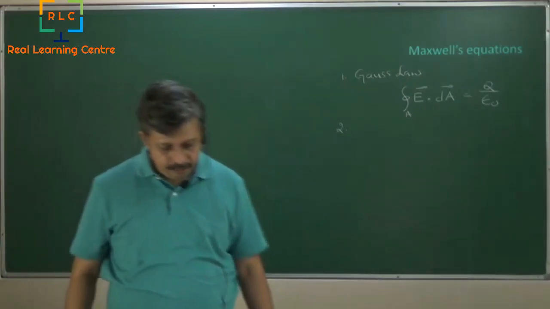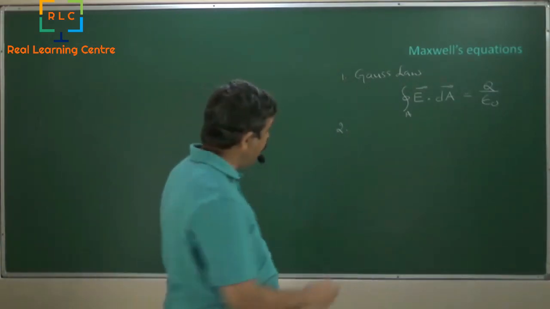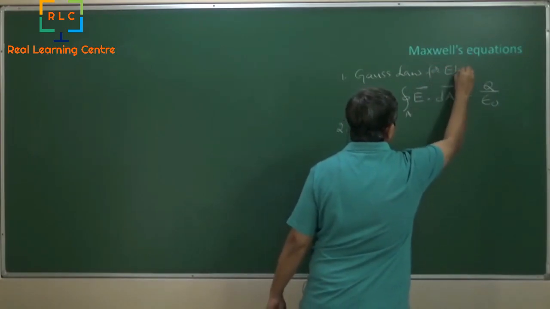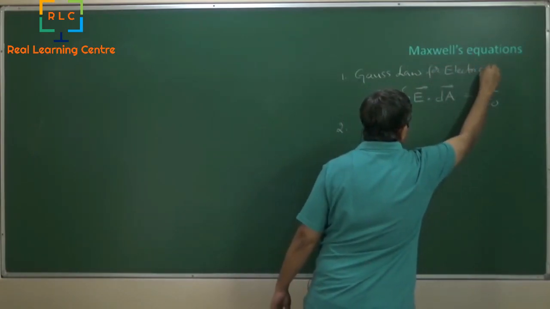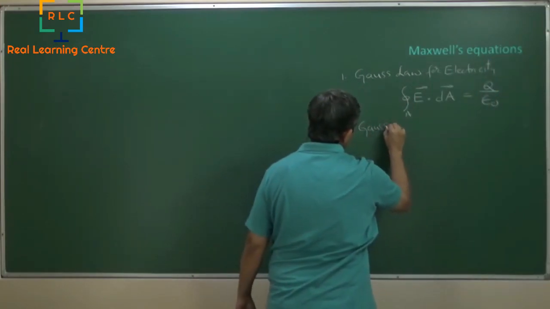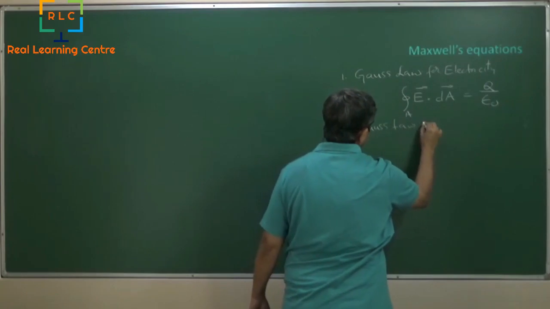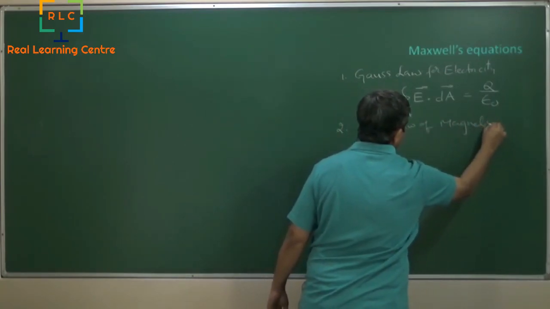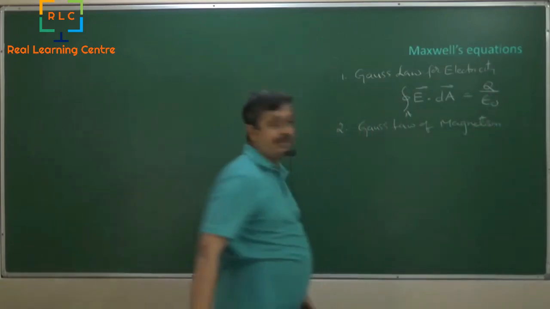Second one we call Gauss law for magnetism. This is Gauss law for electricity, and the second one is Gauss law for magnetism. What is Gauss law for magnetism?